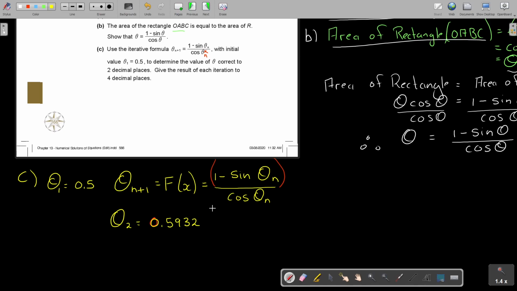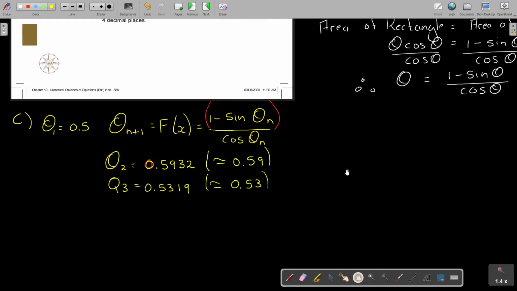And if I approximate it, it's 0.59. Now this one is actually interesting. Let's just go. Press equal, I'll show you now. So this is 0.5319. And if I approximate it to 2 decimal places, then it's 0.53. And then I press equal, and it's 0.5719.